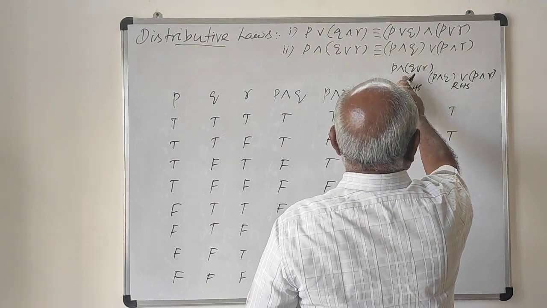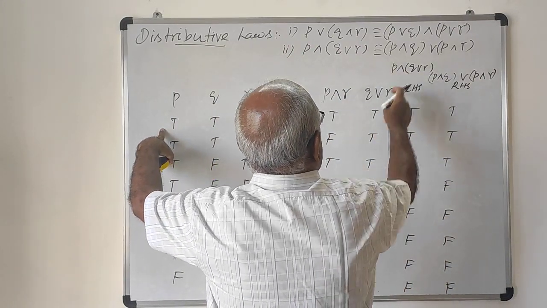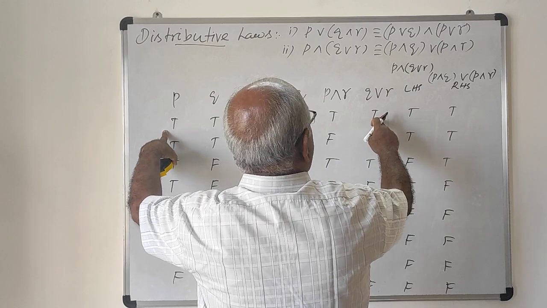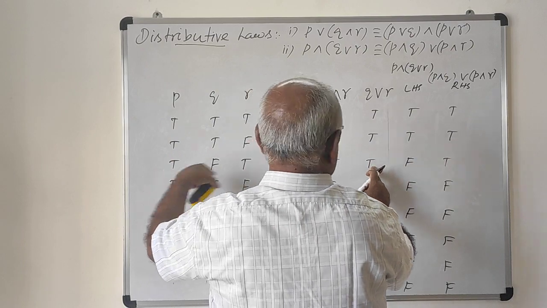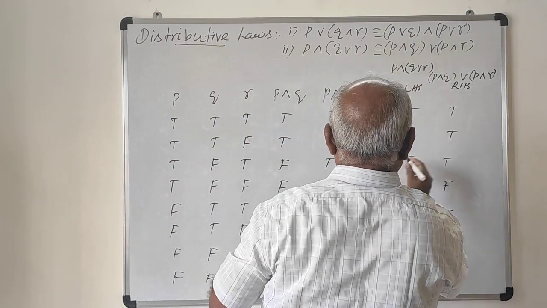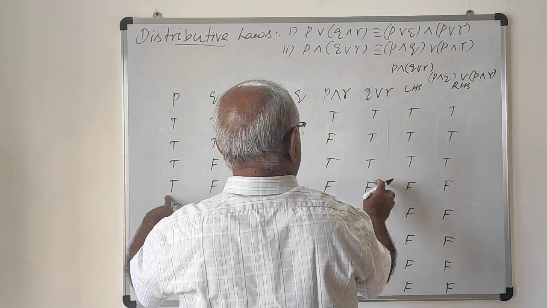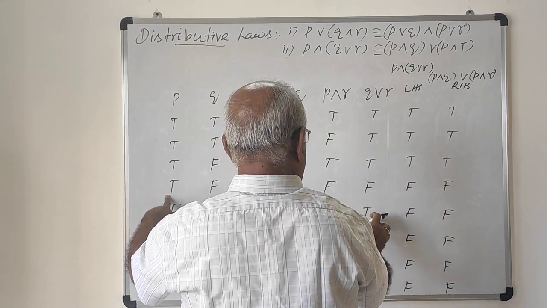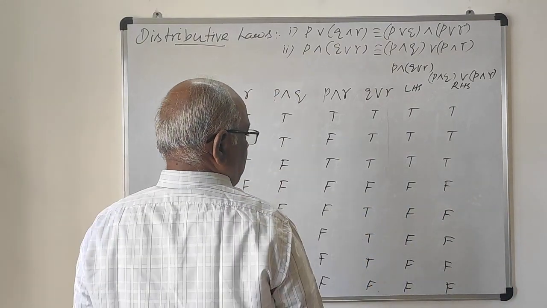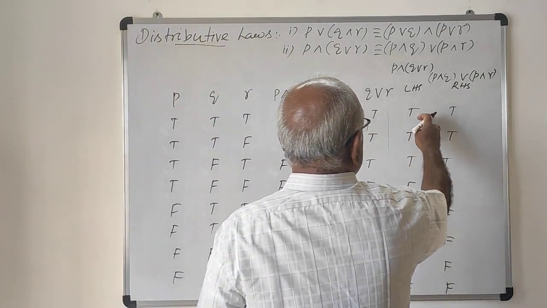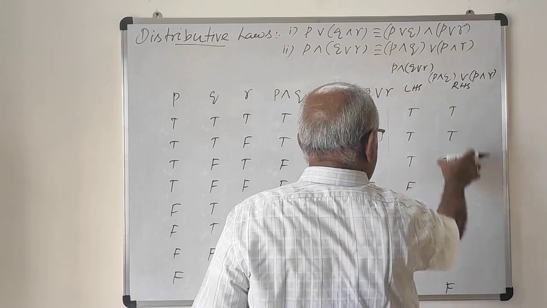Now P conjunction (Q disjunction R). For this we have to take conjunction. Both are T, T, both are T, T, both are T, T. T and F is F. One T, one F. Now T, T, T, F, F, T, T, T, F, F. See that left hand side equals right hand side?